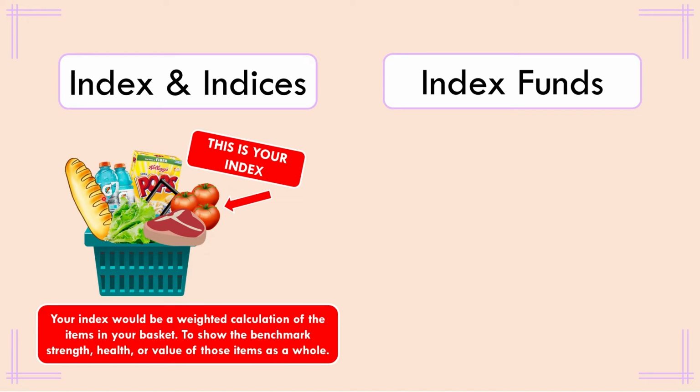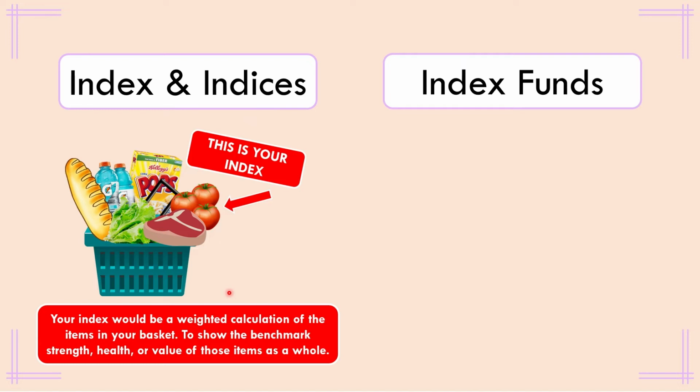So we have 6 different companies in our basket, and our basket is going to represent our index or our indices. And what happens here, we can see at the bottom, is our index is going to be a weighted calculation of the items in your basket to show the benchmark strength, health, or value of those items as a whole.